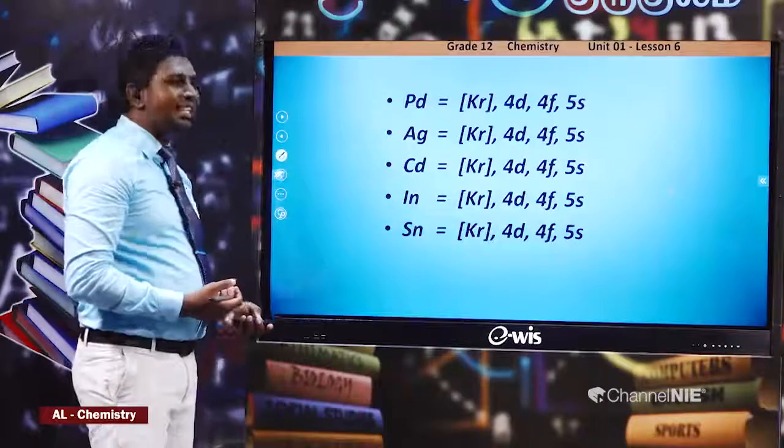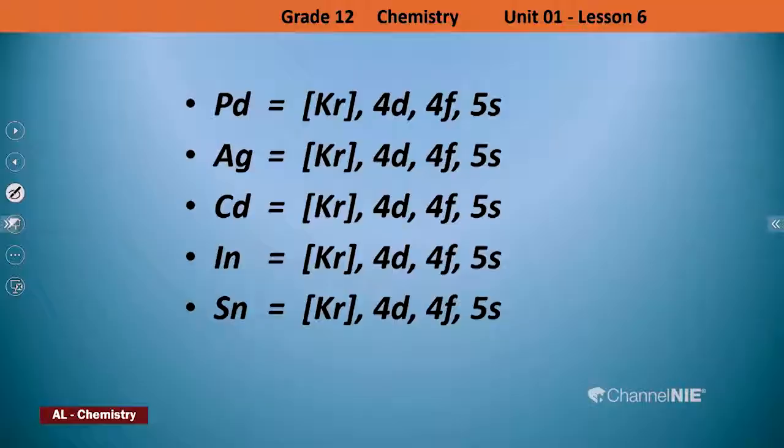So students, when it comes to palladium, up to the krypton core you have filled 36 electrons, so then it's 38. Then when it comes to palladium, you have how many electrons remaining? It's 8 electrons remaining.